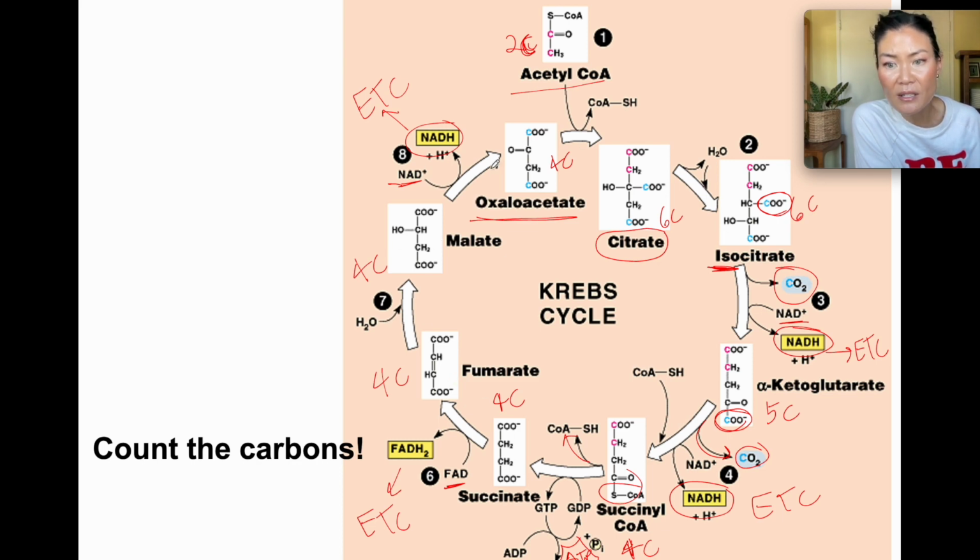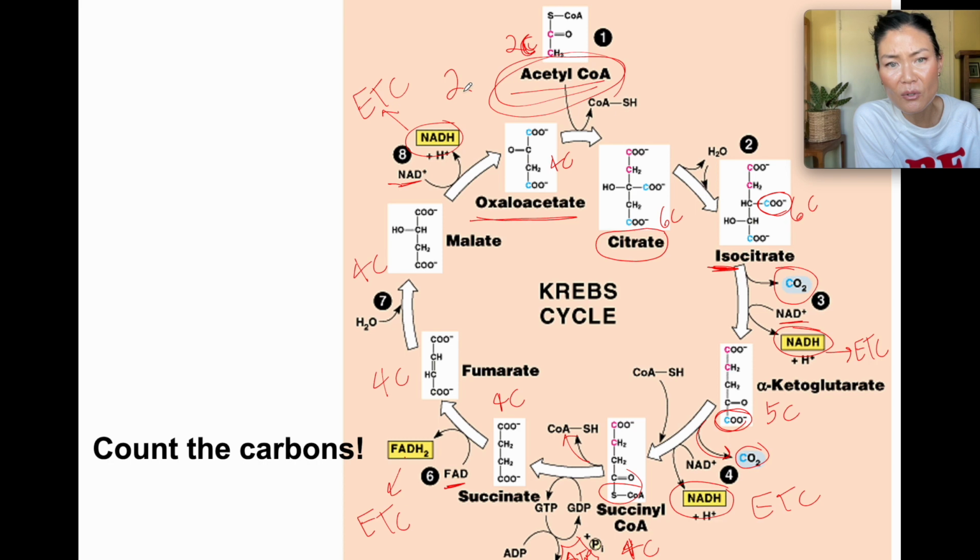And in the process, you're making 1, 2, 3 NADHs. You're making 1 FADH2. You're making 1 ATP. Okay? So I'm saying 1 ATP, 1 FADH2, 3 NADHs, but in actuality, guys, how many acetyl-CoAs are coming in at a time?